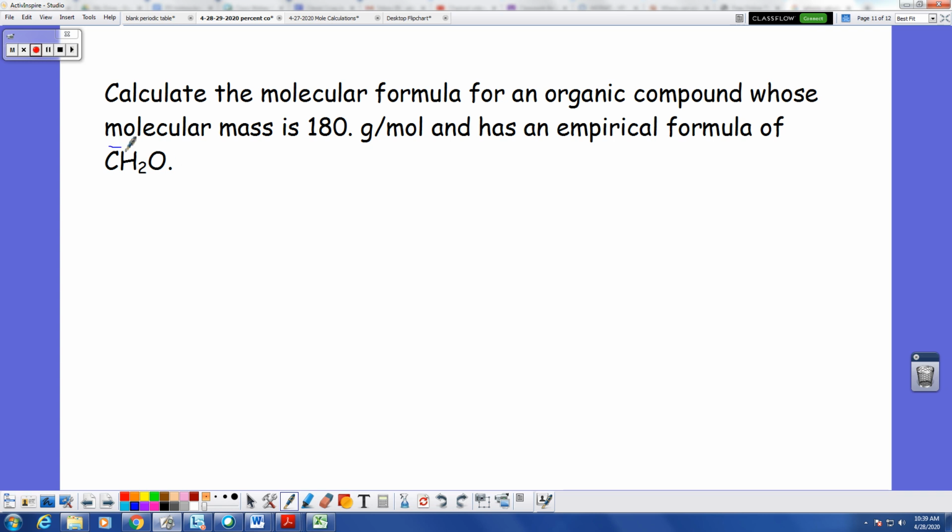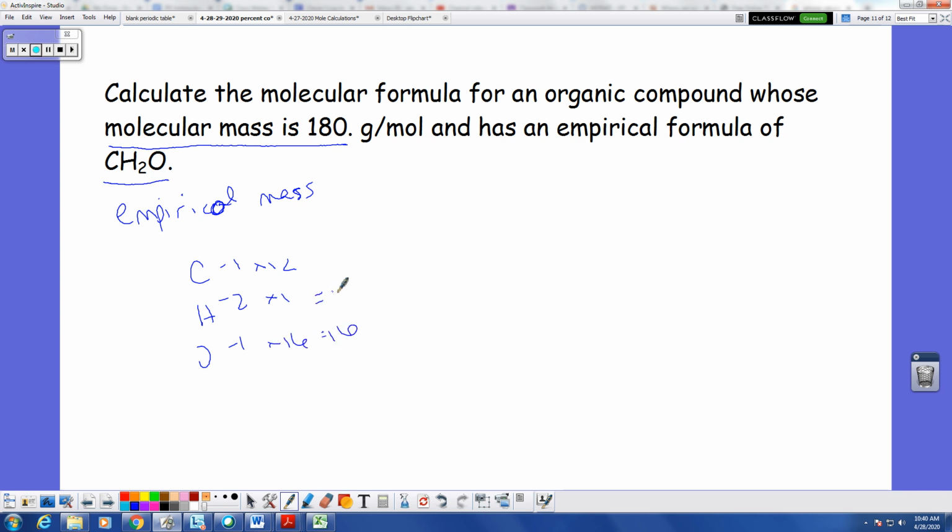So if it has a molecular mass of 180, but it has an empirical formula of CH2O, we need to figure out what the empirical mass is. Well, how do we do that, Miss Garrison? Well, that's the molar mass you've been calculating. So you're going to say C, H, O: one of those, two of those, one of those, times 12, times 1, times 16.